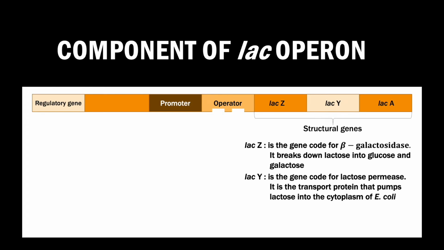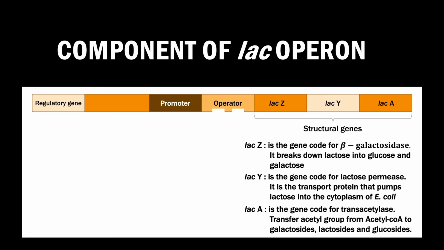This is the transport protein that pumps lactose into the cytoplasm of E. coli. A is the gene that codes for transacetylase. Transacetylase is an enzyme that helps transfer the acetyl group from acetyl-CoA to galactosides, lactosides, and glucosides. These are all intermediates that are present during lactose metabolism.